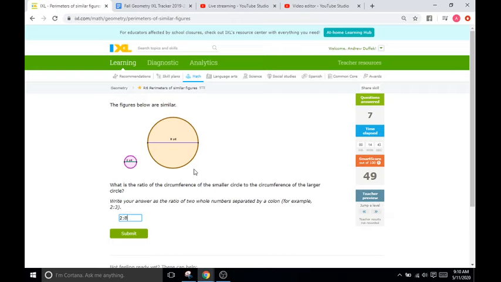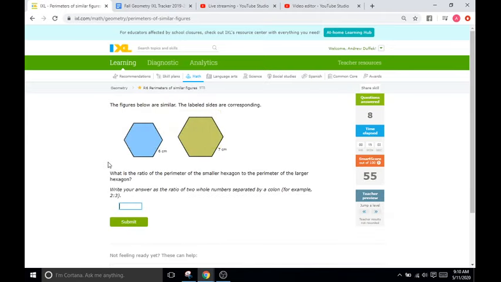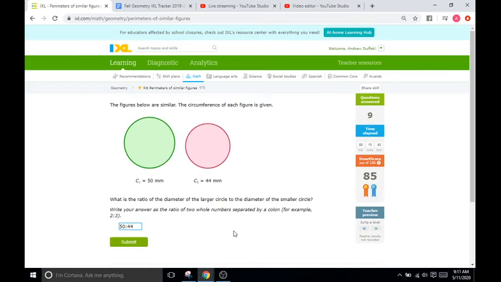So we have a 2 to 8 ratio here, but we can simplify that by cutting each in half, right? So 2 to 8 ratio becomes a 1 to 4 ratio. And that's going to be correct. Okay, here we have a 6 to 7 ratio, side to side, 6 to 7. You could think of it as like 6 over 7. 5 to 22 ratio.